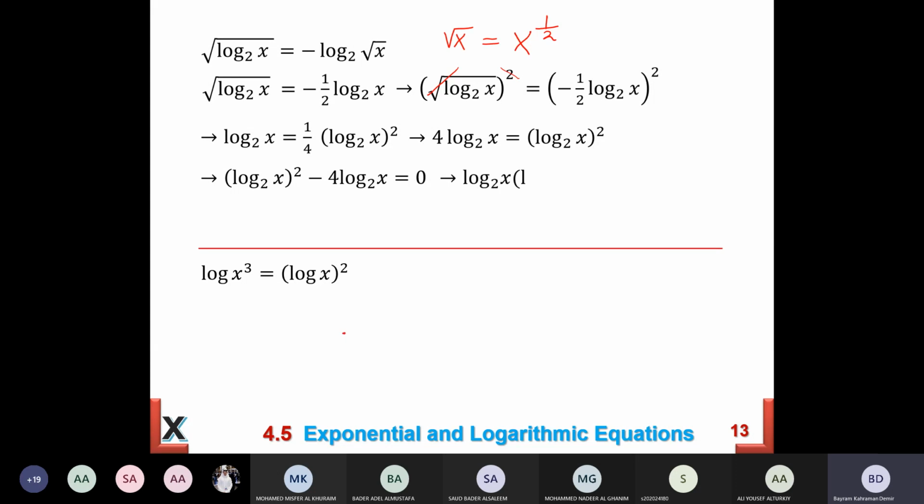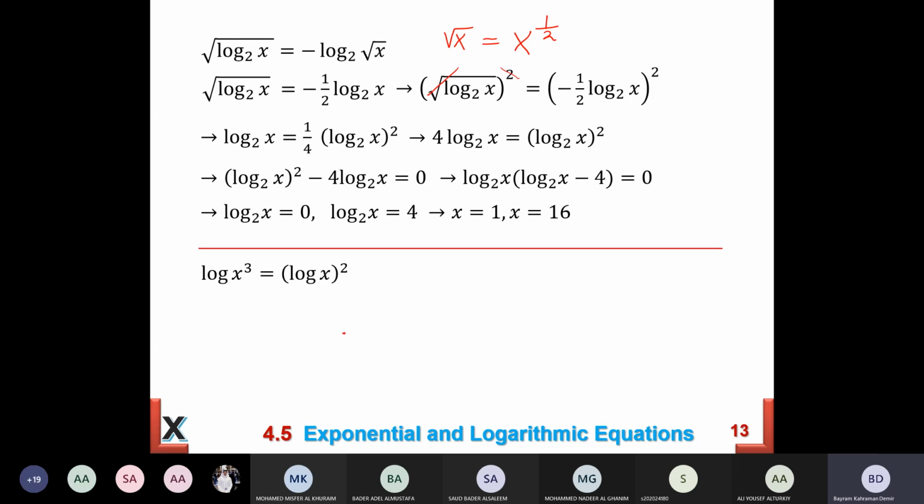Take the logarithm x as a common factor. So we have logarithm x minus 4 multiplied by logarithm x equals 0. All right. And now we have two options. Logarithm x equals 0 means x is 1, and logarithm x equals 4 means x is equal to 16.